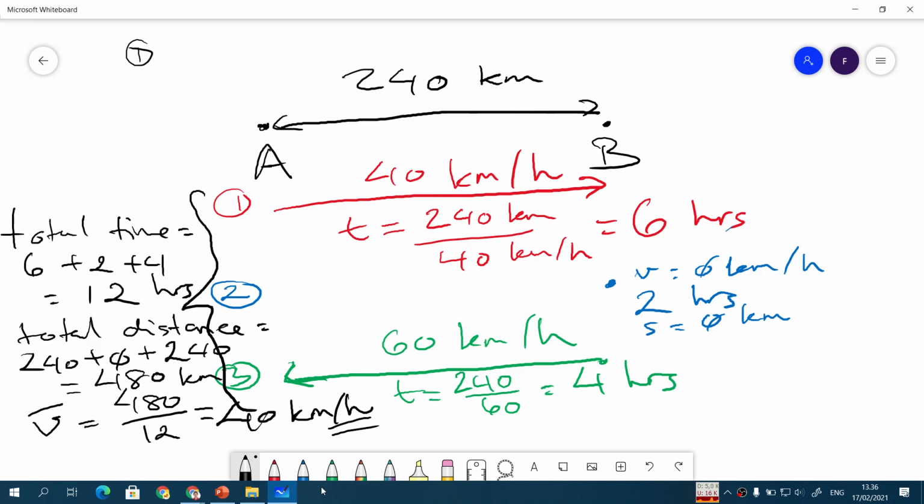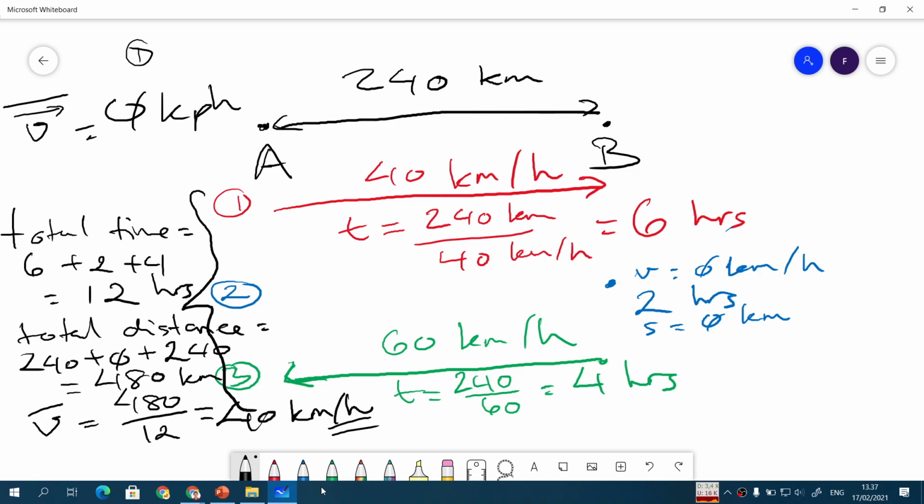Okay, what about the average velocity? What is the displacement in this case? If you summarize the displacement from the first up to the third movement, you will get what? 0. Yes, so the average velocity here is 0.